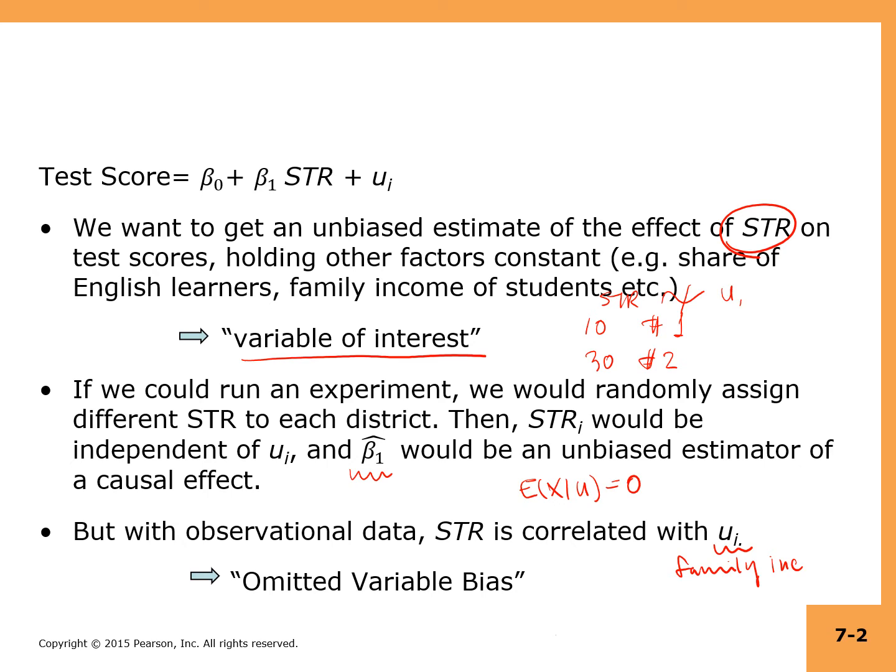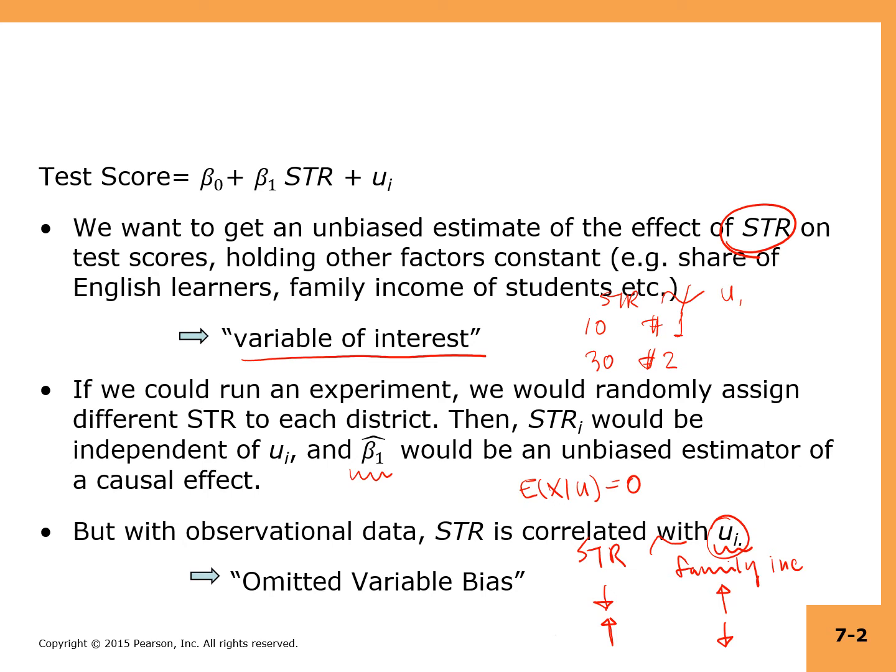So if the family income of the school district is higher, then it's likely that student-to-teacher ratio is lower. And if the family income is lower, then it's likely that student-to-teacher ratio is higher. So in this case, the STR, our variable of interest, and the unobservable factor u_i are correlated.